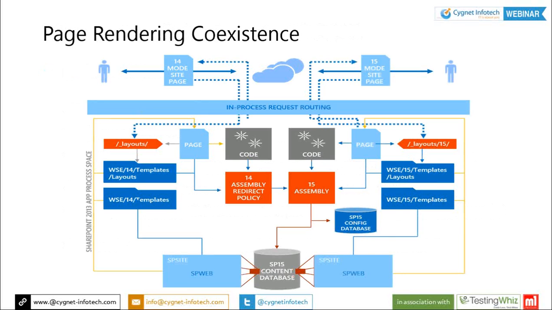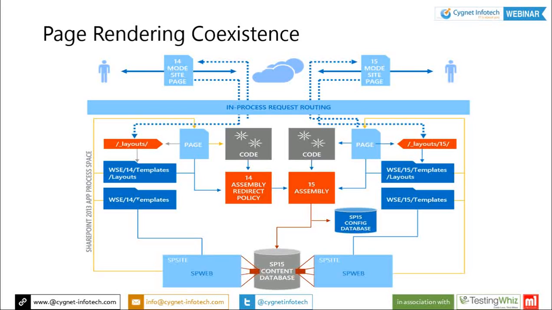Now, talking about the two modes of SharePoint 2013, it supports SharePoint 2010 as SP14 mode and SharePoint 2013 as SP15 mode, so that a user can access any type of page, because in your SharePoint environment you may have two hives, the 14 hive and the 15 hive.